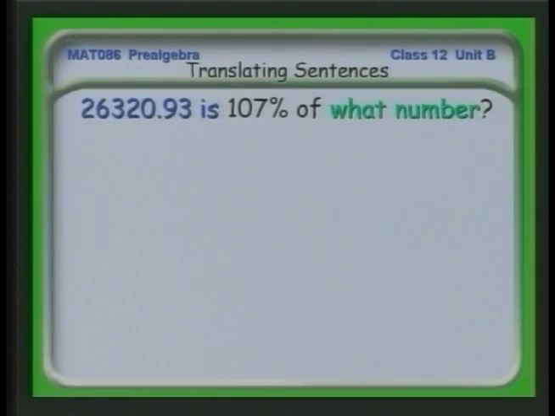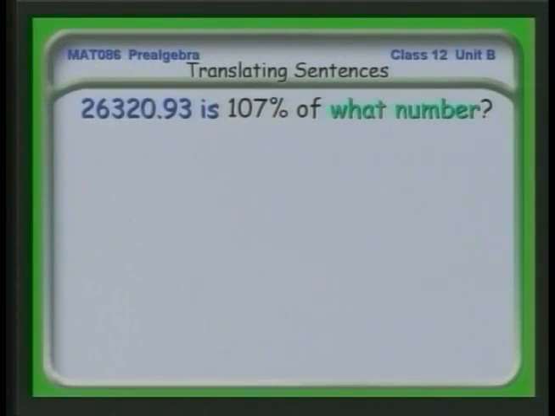Let's look at another one using some larger numbers, and we have to take a look at this because what are we really talking about here? 26,320.93 is 107% of what number? Up to this point, what we've looked at is where the parts are smaller than the whole.